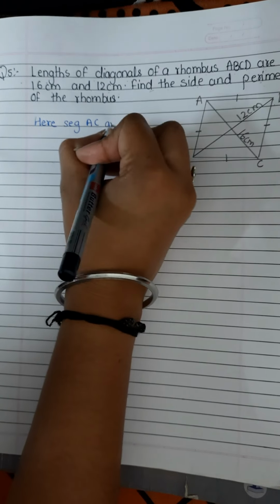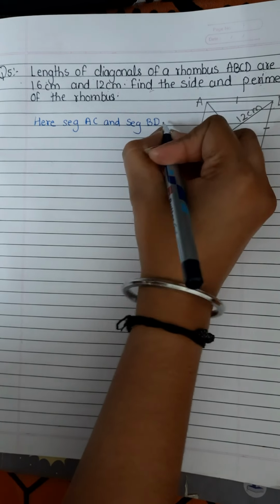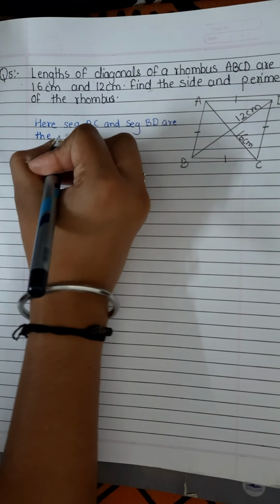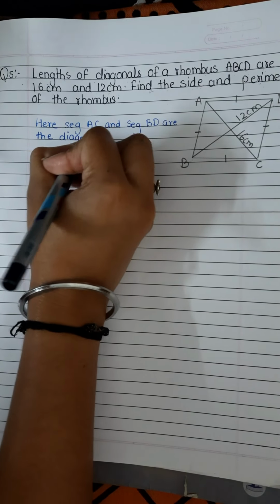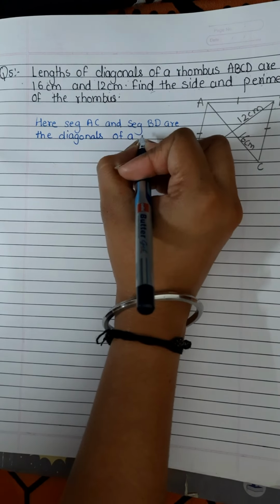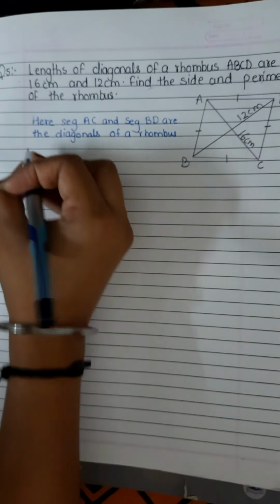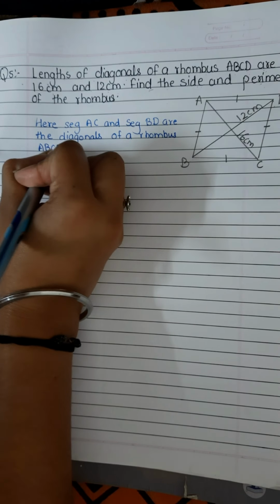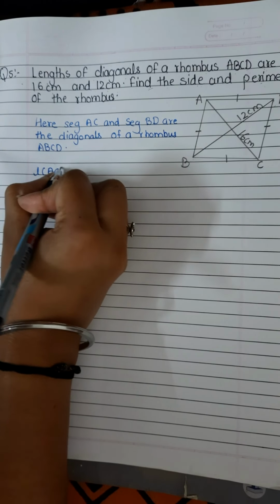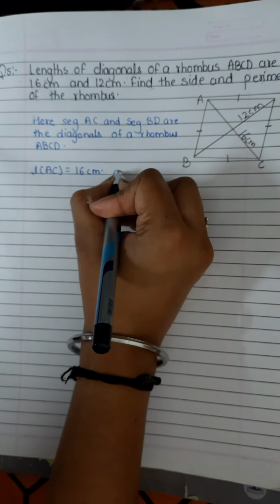So segment AC is equal to 16 cm and segment BD is equal to 12 cm, and both segments are diagonals of the rhombus.